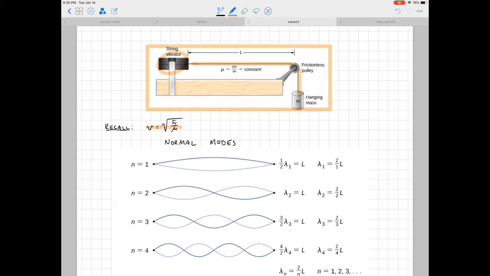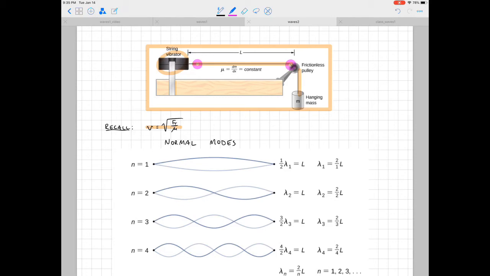Now, if we want to investigate what types of standing waves are going to be possible to observe in this setup, we need to first realize that the string is stationary at the endpoints, and so those are going to be nodes. And so we essentially start off with our first possible wave being a wave where the only nodes are at the endpoints.